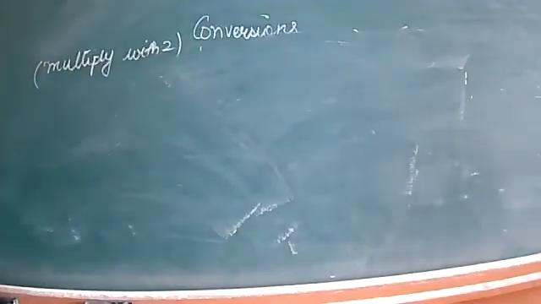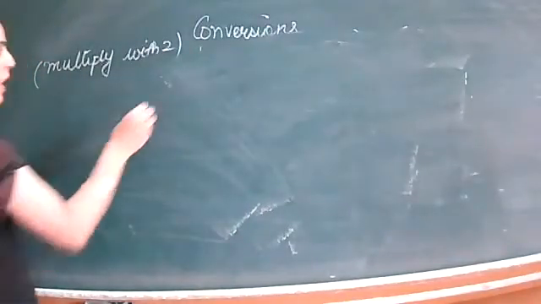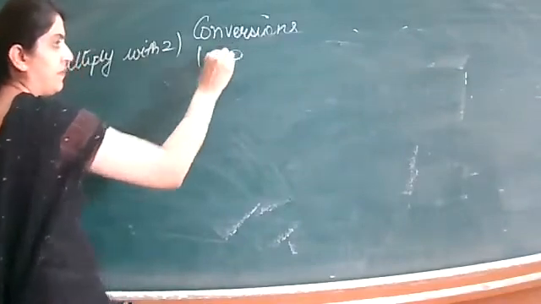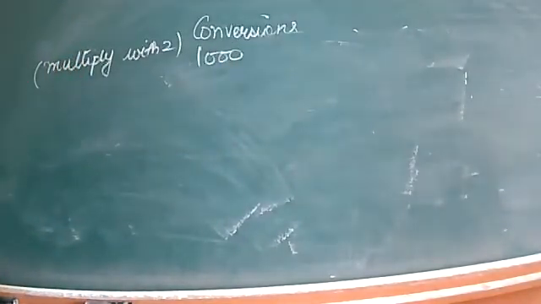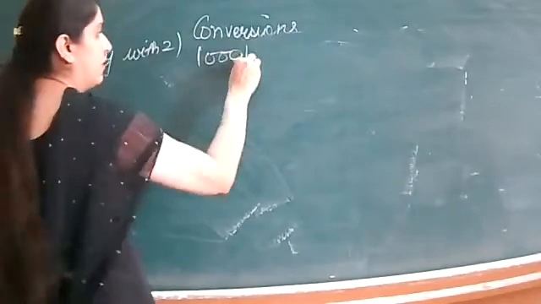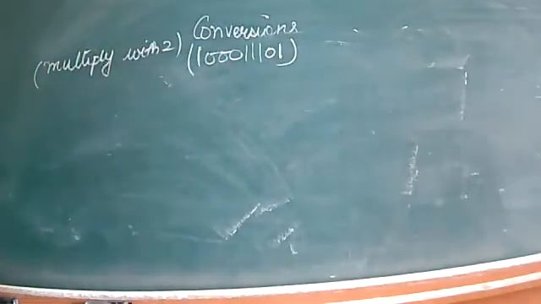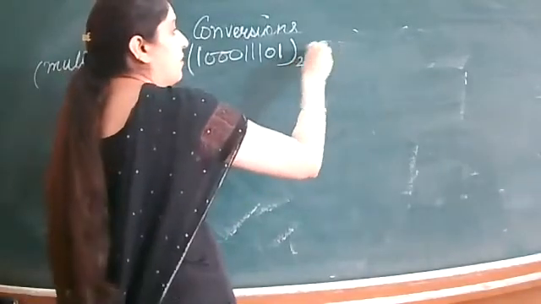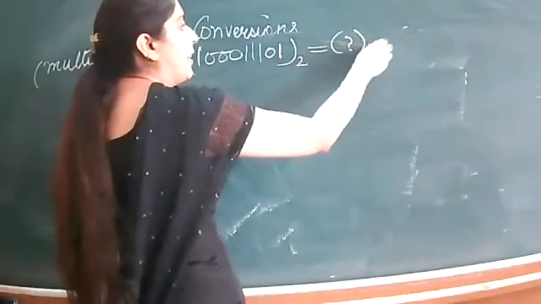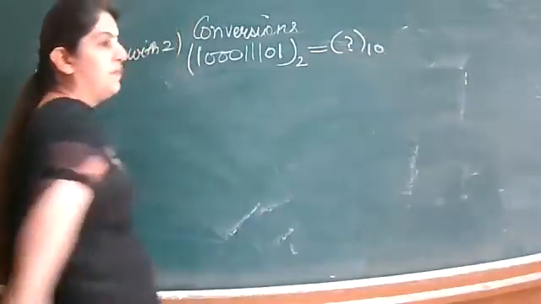In the activity, the question given is 1000 triple 101. We have to find the equivalent decimal code.